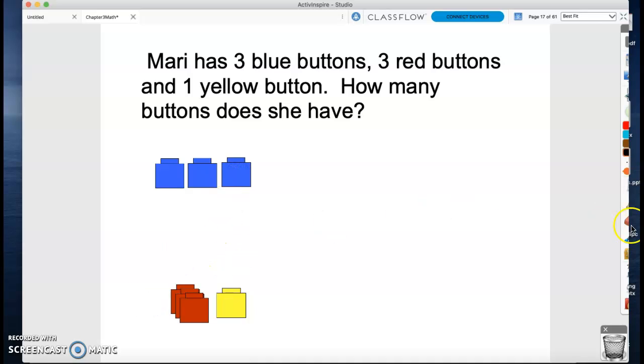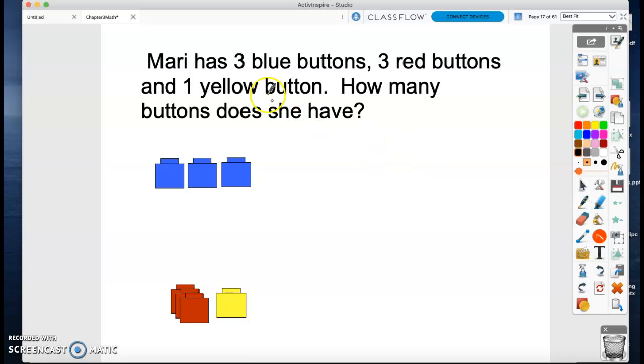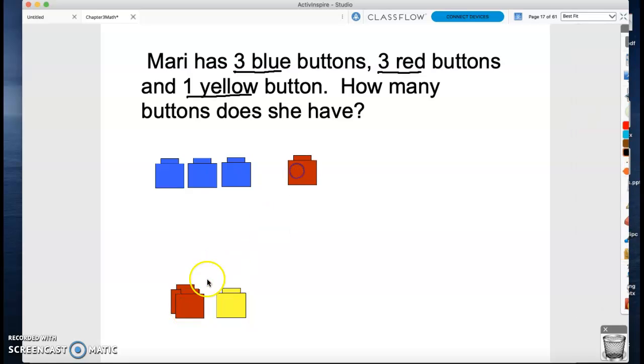She had 3 red buttons, so it says she has 3 blue, 3 red, and 1 yellow. So I'm going to model with 3 red buttons. My cubes will be the buttons, and 1 yellow button.